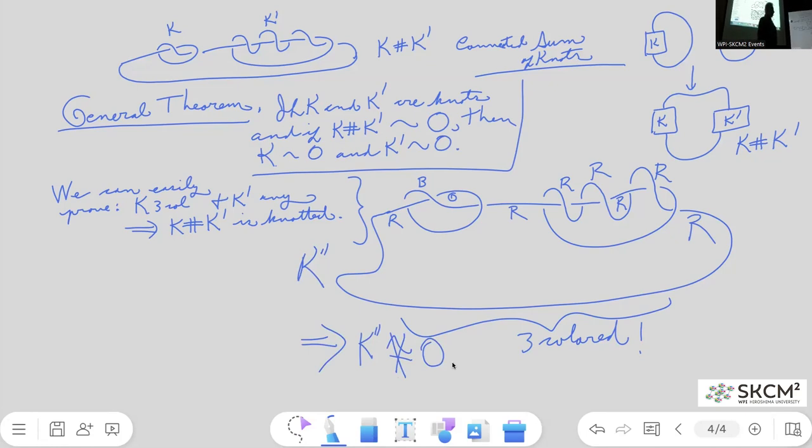So the fact is that I can't remove the three coloring by adding another knot. In fact, I just extend the three coloring by adding another knot. And so if I have a three colored knot, then there's no way to cancel it. And that's the proof of the special case of the general theorem that you can't cancel knots. In the interest of time for today, I'll tell you a proof of the general theorem later, but this coloring lets you prove it in the special case.